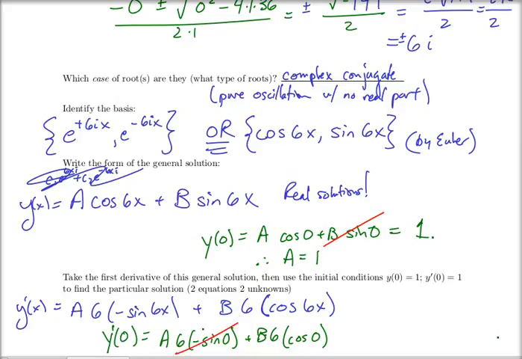And this is a 0, so we're looking at B is equal to, so if this is 1, B should be 1 over 6. And I think that's all the question asks for, so we're done.